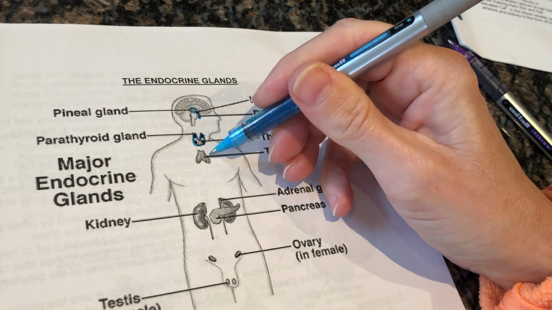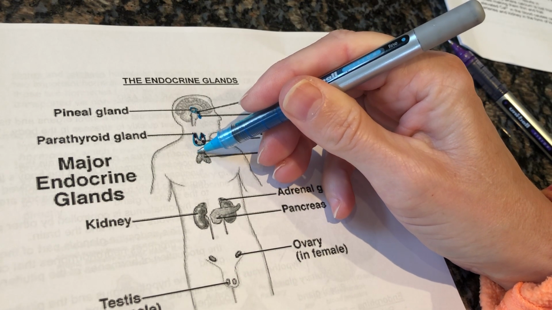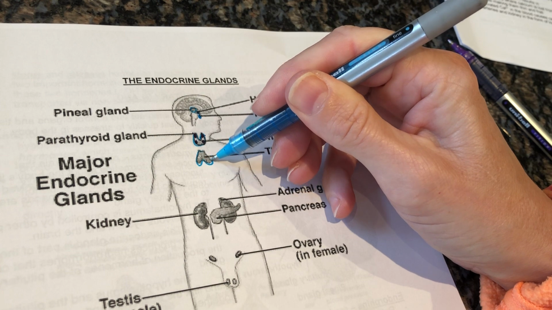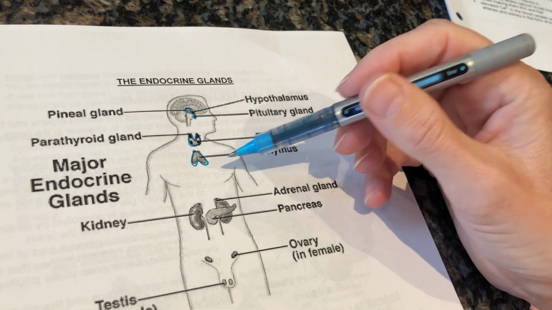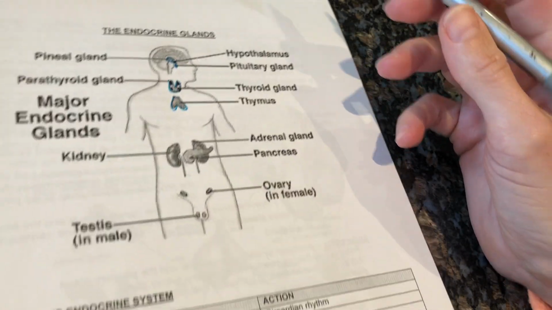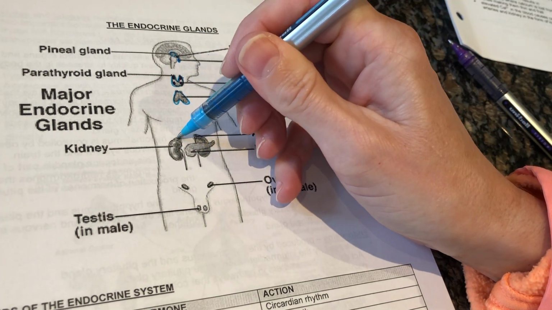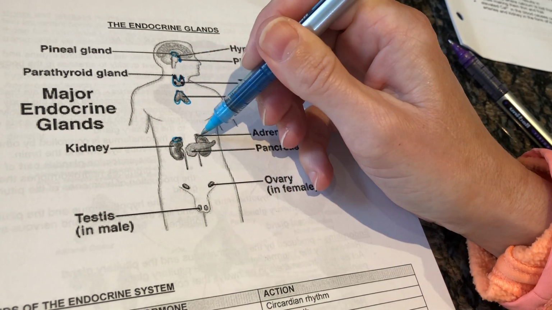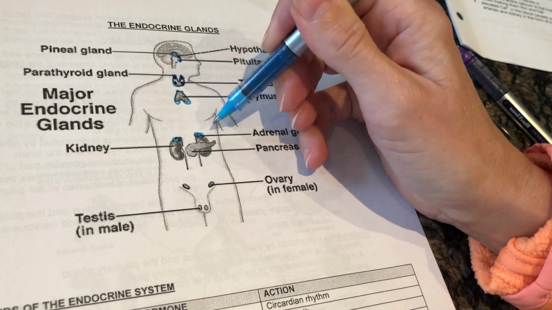The thymus gland is in the chest region, and at this point, many of you are going to be losing your thymus gland. I'll talk to you about that as we go through it, but it does kind of dry up and disappear after your adolescence. On the kidneys, kidney 1, kidney 2, we have the adrenal gland. So we've got an adrenal gland here and an adrenal gland here.